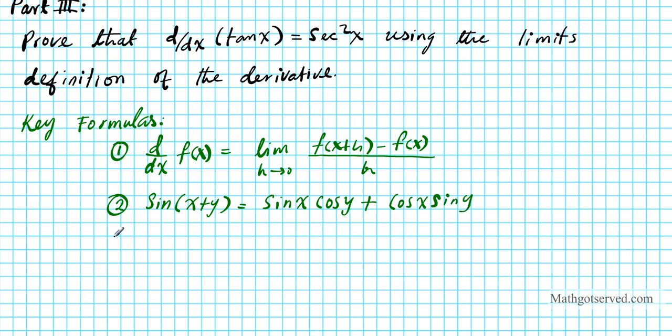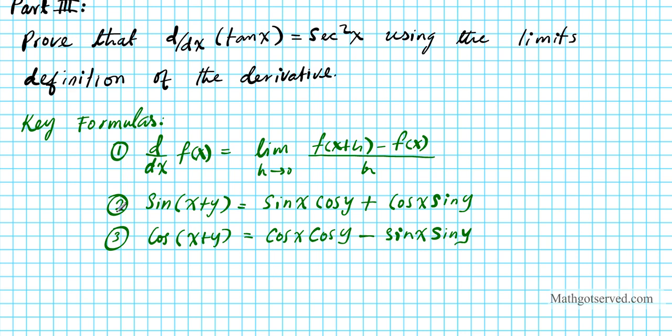Sometimes I forget these things. Number 3, the sum identity for cosine of x plus y. For cosine, just keep the trig function and flip the signs. That's how I remember it. So you have cosine x cosine y, and the trig function stays the same but you invert the sign: minus sine x sine y.